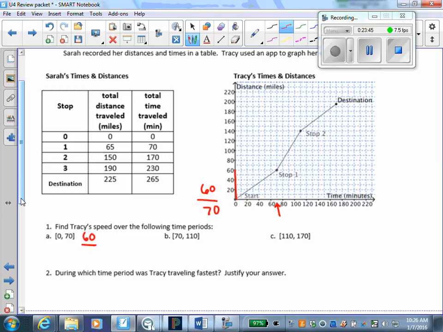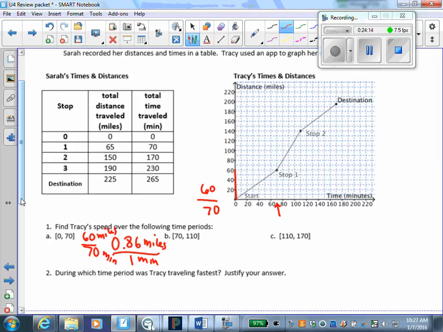If I wanted to reduce that, that's 6/7, which as a unit rate, 60 divided by 70 is about 0.86 miles per 1 minute. Or I could say 60 miles in 70 minutes.